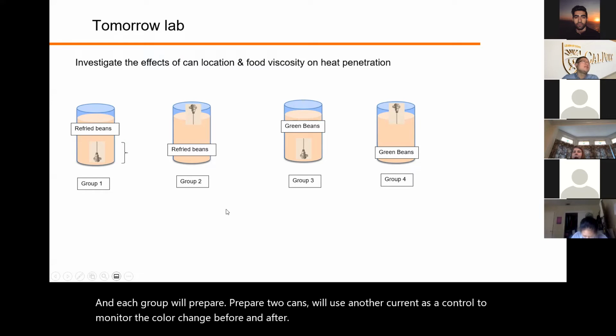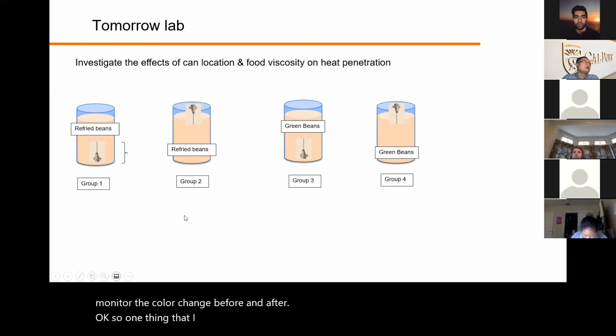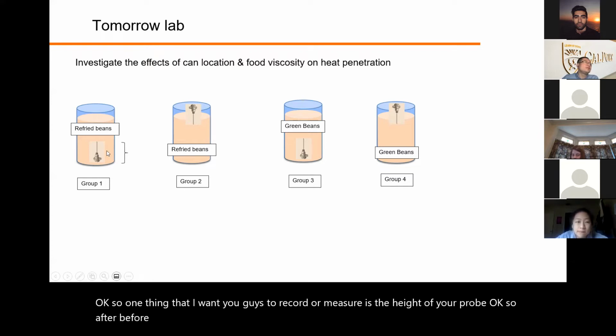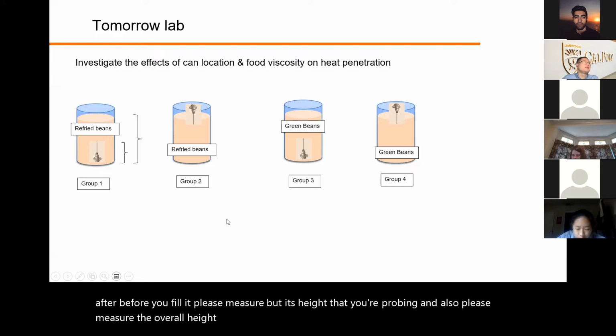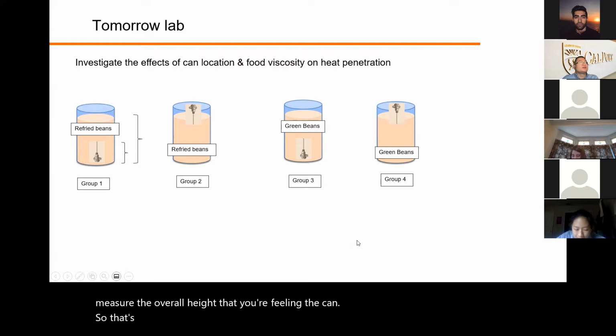One thing I want you to record or measure is the height of your probe. Before you fill it, please measure the height that you're probing, and also measure the overall height that you're filling the can. That's all I want you to record.